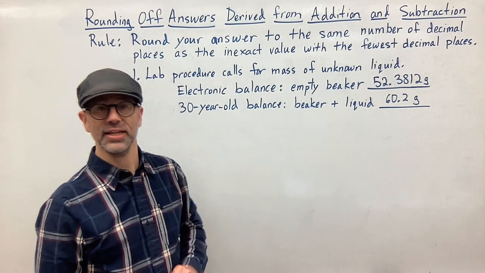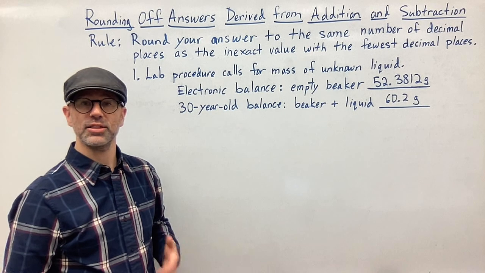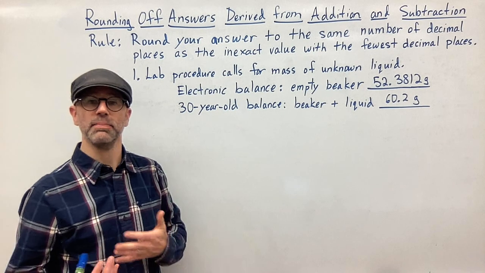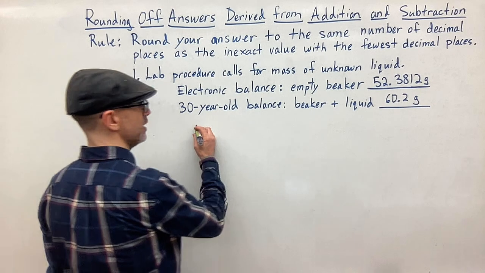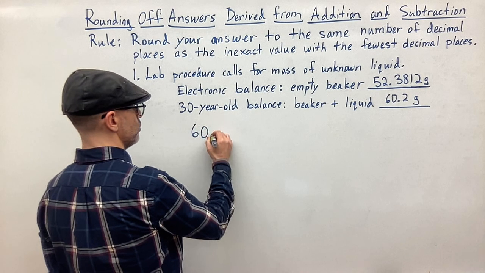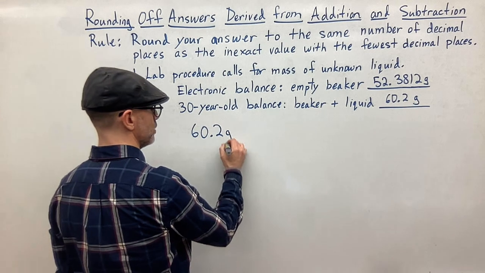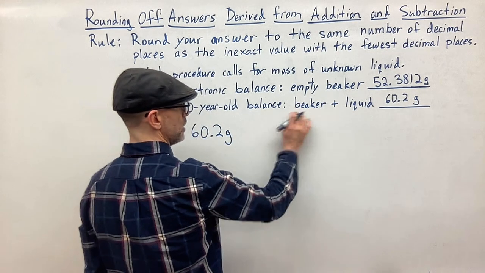To find the mass of the liquid, you need to subtract out the mass of the empty beaker. The 60.2 grams is the mass of the beaker plus the liquid, and we want to get rid of the beaker.